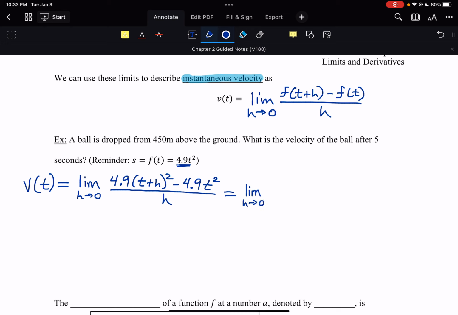So we'll go ahead and distribute this out. We'll FOIL this out. We can even factor the 4.9 out all the way if we want to. So we'll get the 4.9 out here. FOIL this out, so that's going to be t squared plus 2th plus h squared, and then we still have this minus t squared left over, all over h.